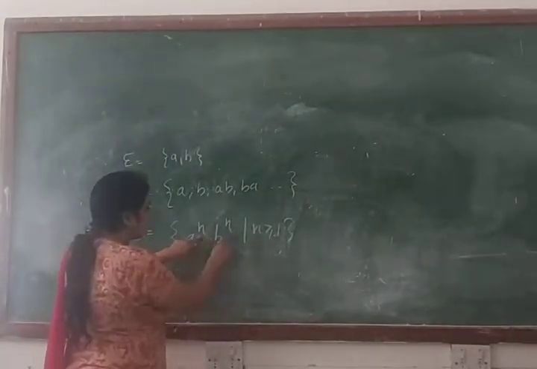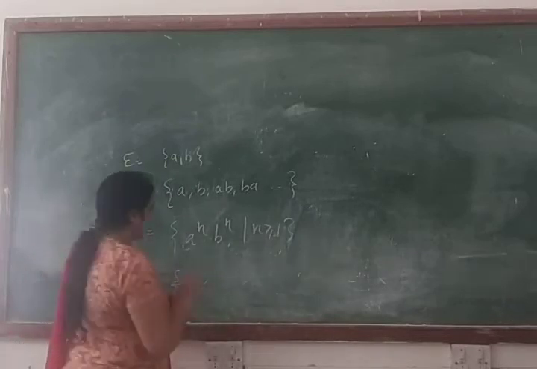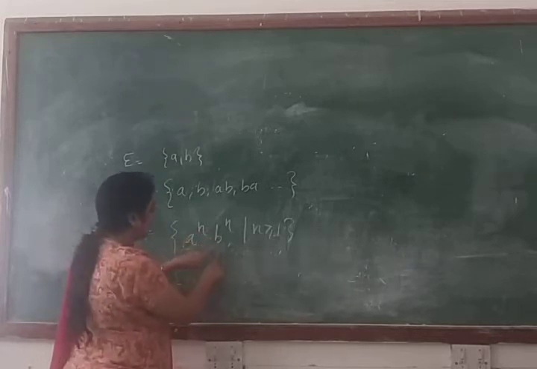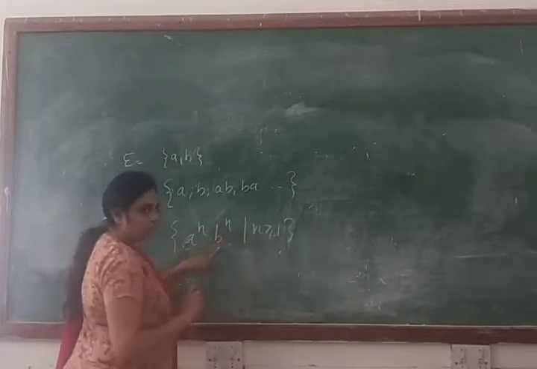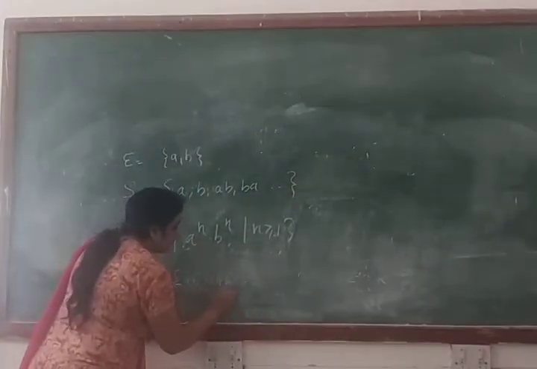So when you put n as 1, you get the smallest length string, AB. After that, when you put n as 2 for a raised to power n and n as 1 for b raised to power n, you get the string AAB.